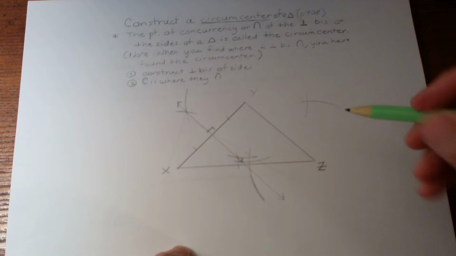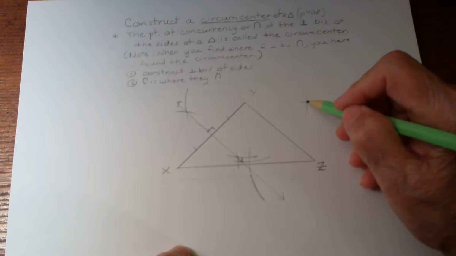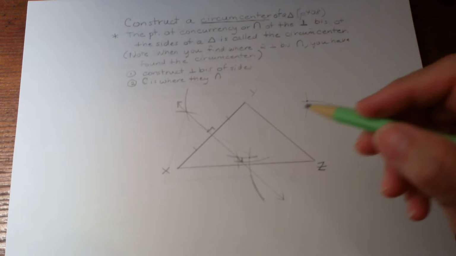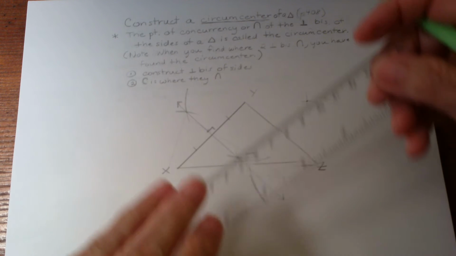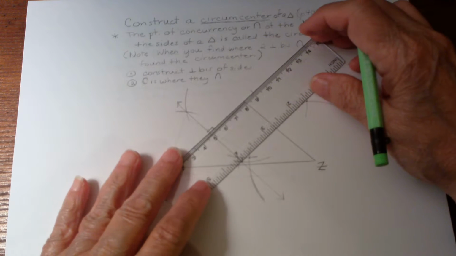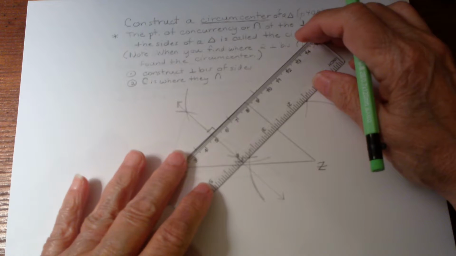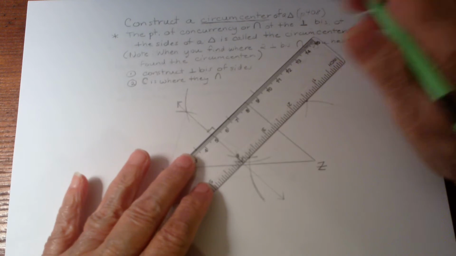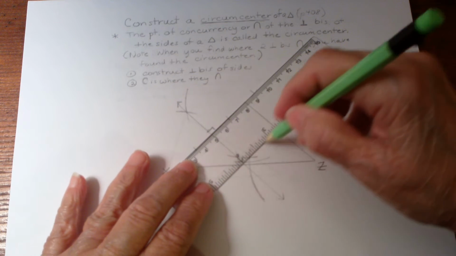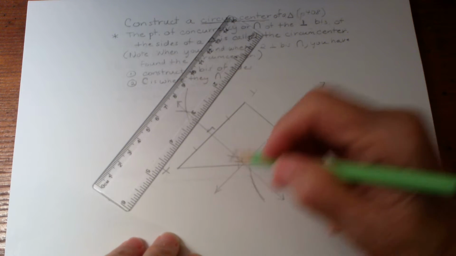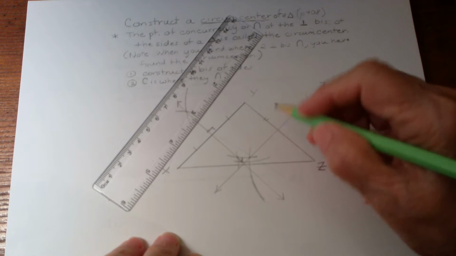I have a point of intersection here, and I have a point of intersection here. So if I connect these 2 points with a line, these two will give me a line that will be the perpendicular bisector of this side.